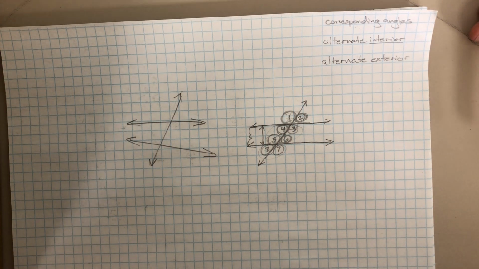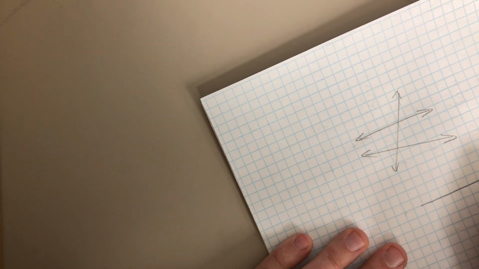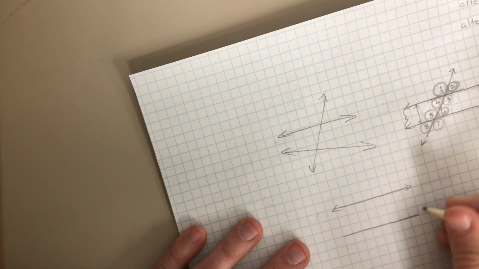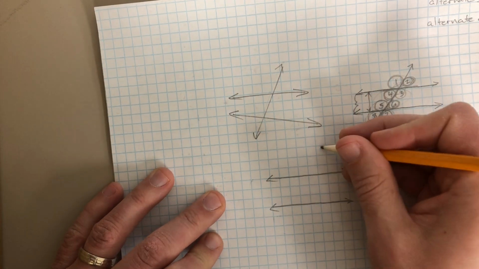So what does this all mean? Let's take a look at an example. I'm going to draw a set of parallel lines, and we're going to add in a transversal.